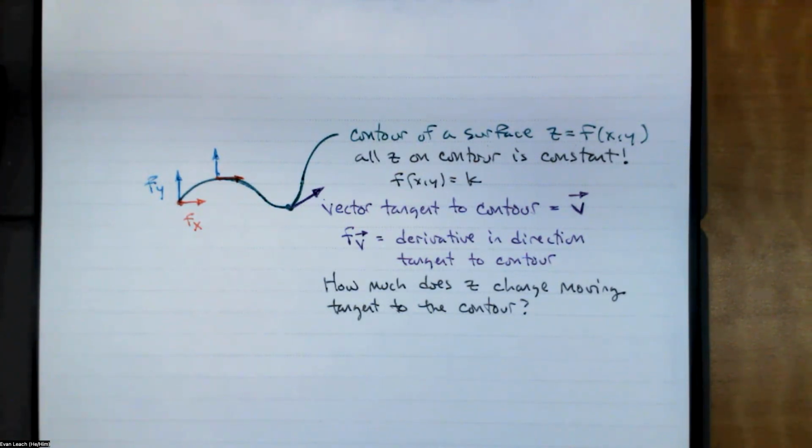We can say, how much does z change if we go that way? And that way in this case is tangent to this contour. This is what I want you to think about. I want to figure out what f sub v is going to be. What is fv? This is why I had to switch from u. What is fv? The derivative of f tangent to the contour.